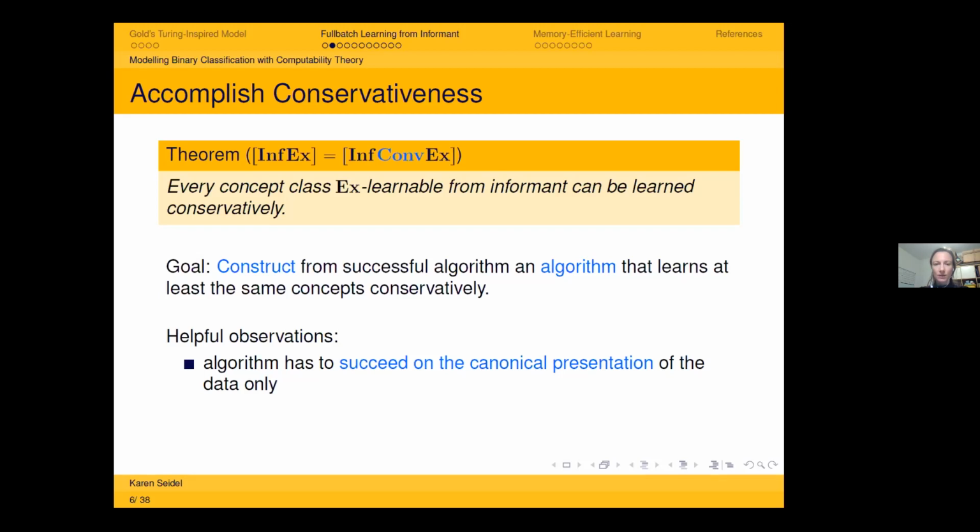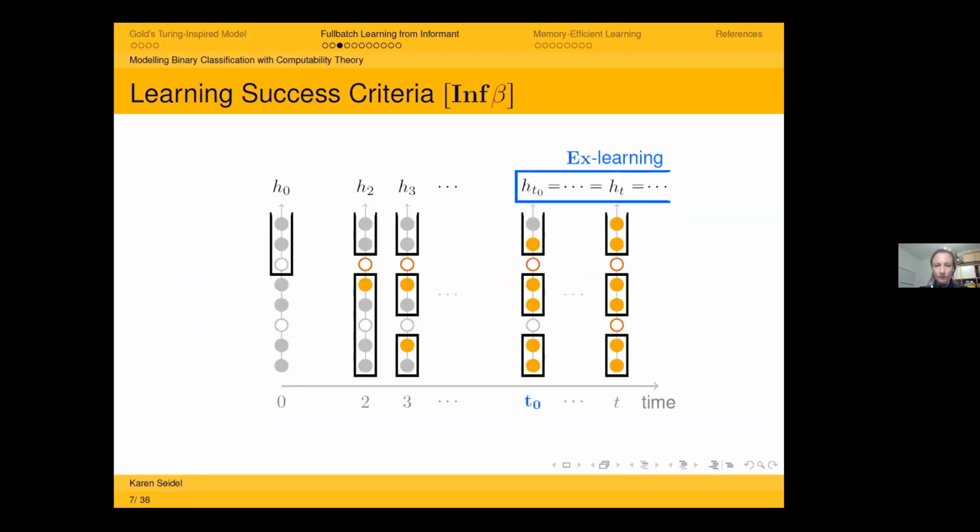But we showed that this is not a problem for conservativeness. We also showed that we can assume that the learning algorithm always terminates, so always outputs some classifier, and also that no classifier that was already guessed is repeated. We showed this by thinning out the hypotheses appropriately.